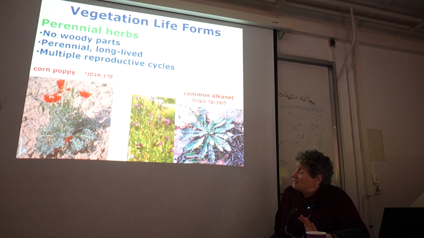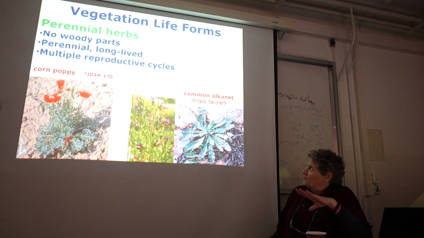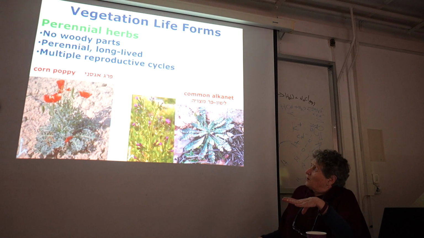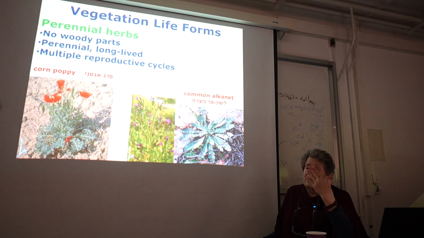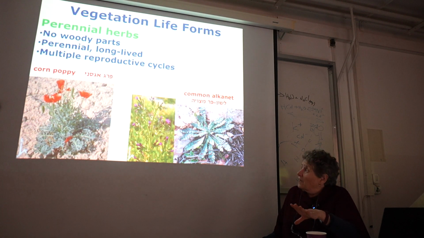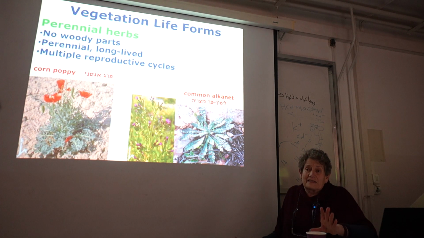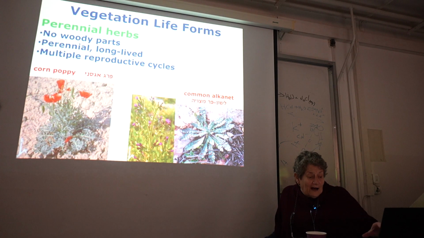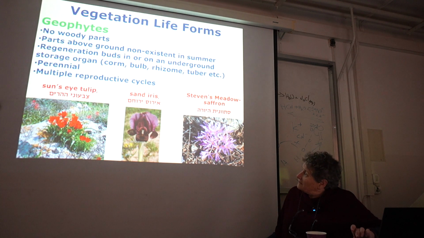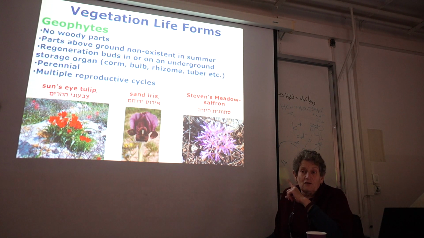Perennial herbs have no woody parts. Perennial doesn't mean they live from year to year as the same plant, okay? And they have leaves out throughout the year, unlike the geophytes, which we said usually have leaves in winter.